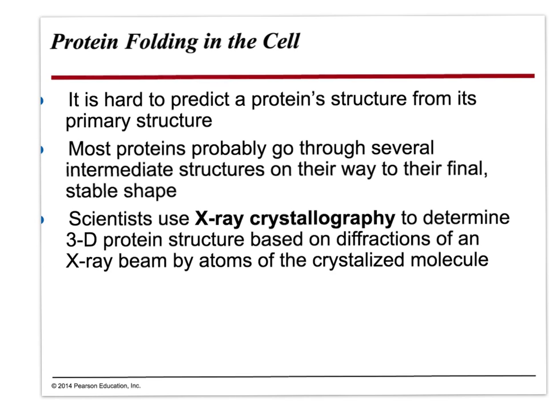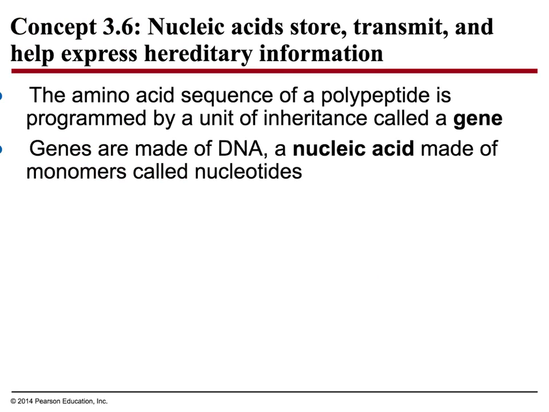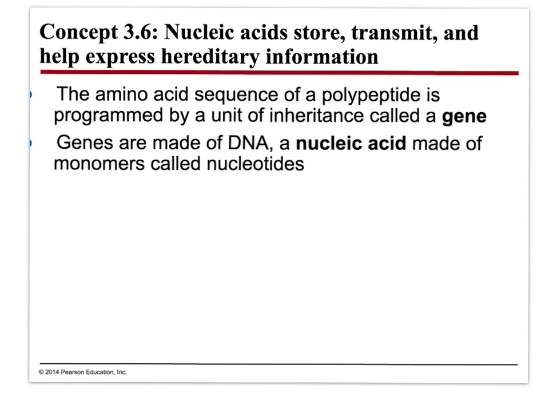We can predict structure, but the cell can disrupt that and have different routes for it to go. We use X-ray crystallography to determine and predict protein structure. We're going to go through it. It's a funky little procedure. Questions on protein structure?